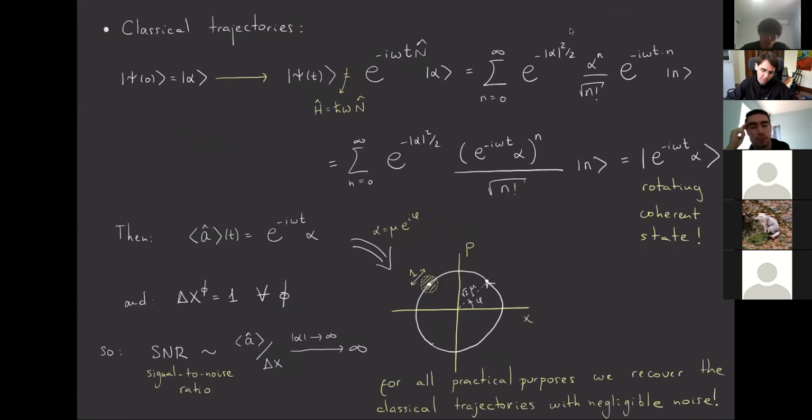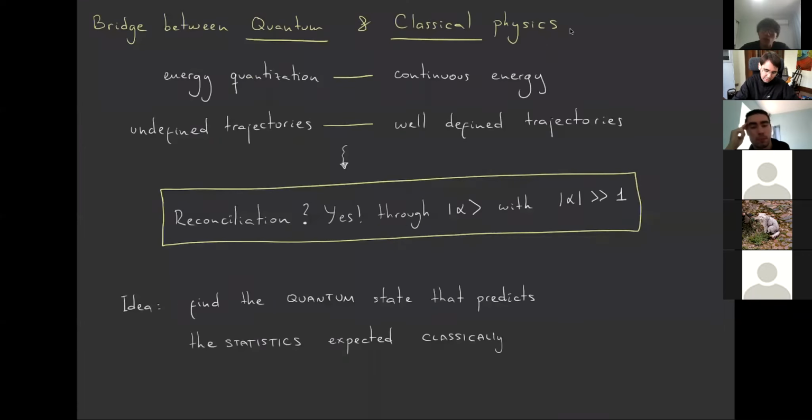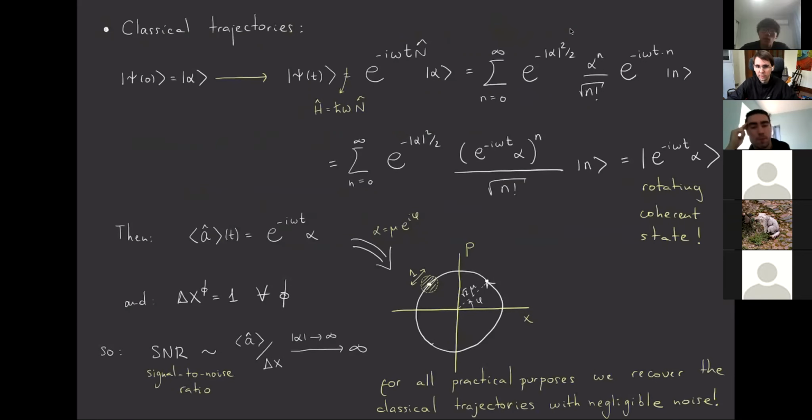And we ended the class by showing that the first part, the fact that in quantum mechanics we have undefined trajectories, while in classical physics we have well-defined trajectories, we can recover with coherent states in the following way. Imagine that you start with a coherent state alpha, and now you apply the evolution operator of the harmonic oscillator.